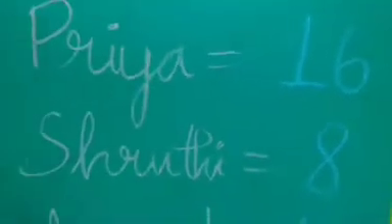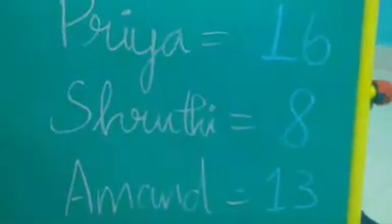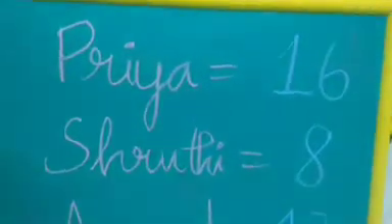Now take a pencil and count one by one: 1, 2, 3, 4, 5, 6, 7, 8, 9, 10, 11, 12, 13, 14, 15, 16. So who has 16? Priya has 16 flowers. Children, take your pencil and write these here.